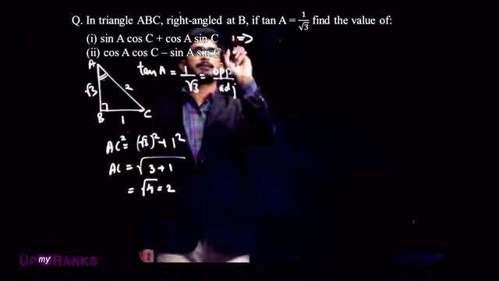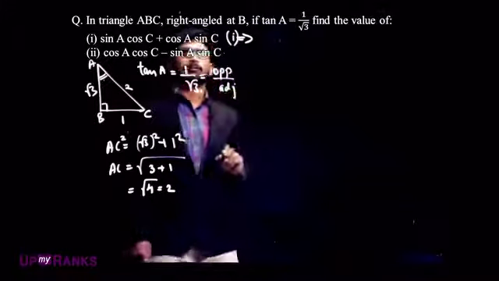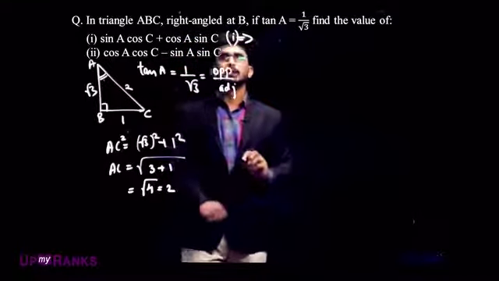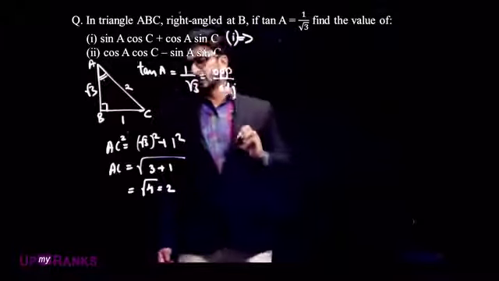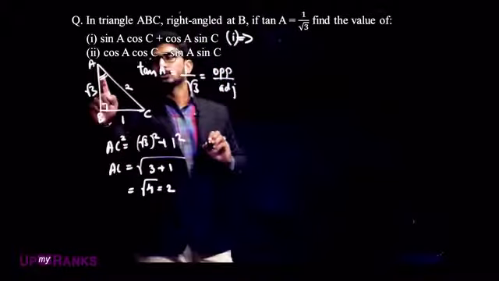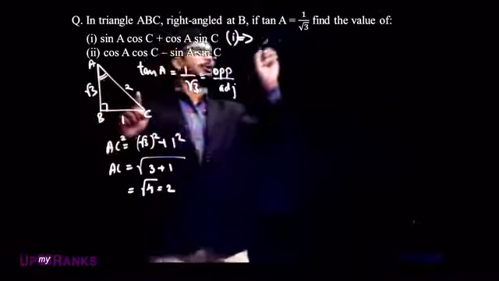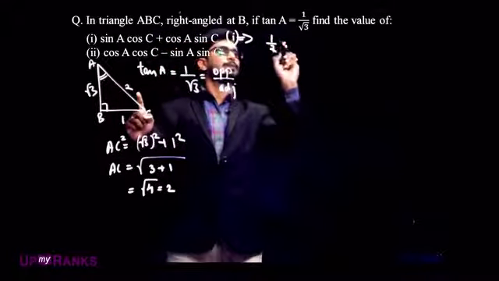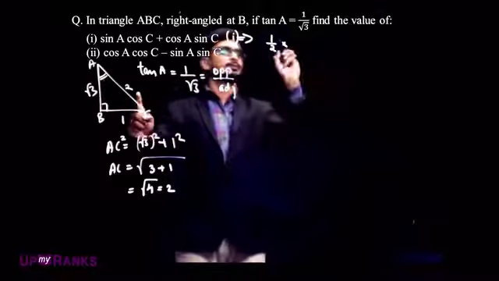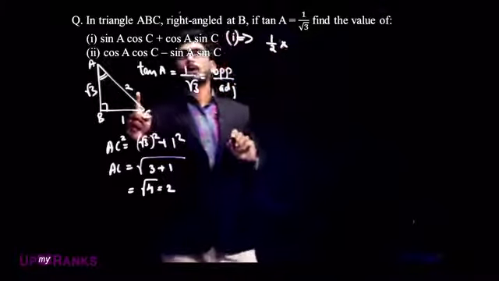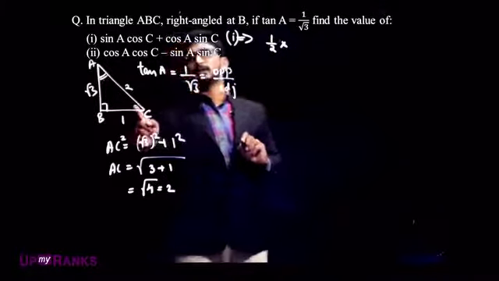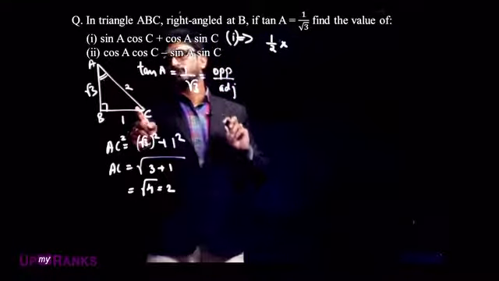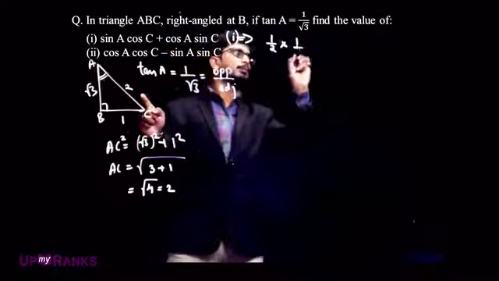Now let us consider the first one, what we have here. We have sin A into cos C plus cos A into sin C. So what is sin A? Sin A is opposite by hypotenuse, which is 1 by 2, into cos C. Cos C is adjacent by hypotenuse, which is again 1 by 2.